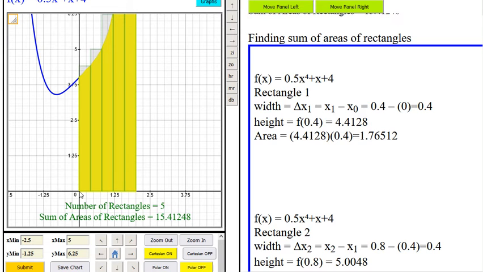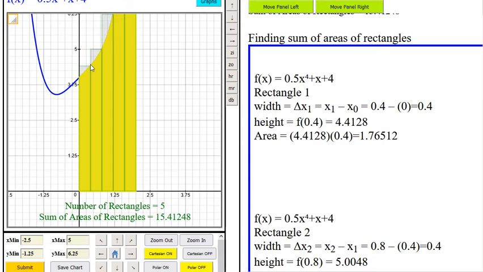And then to get the height of the first rectangle, we use what's called the right endpoint method. And so this is 0, this is 0.4, and we will use the 0.4 to get the height. So plugging 0.4 into f, the corresponding y is 4.4128.